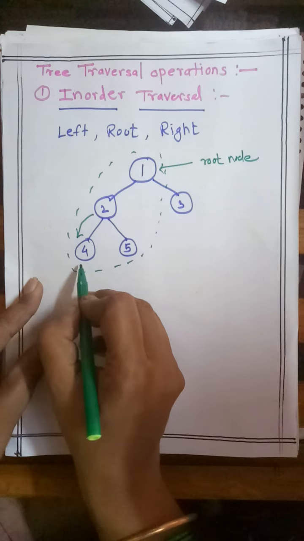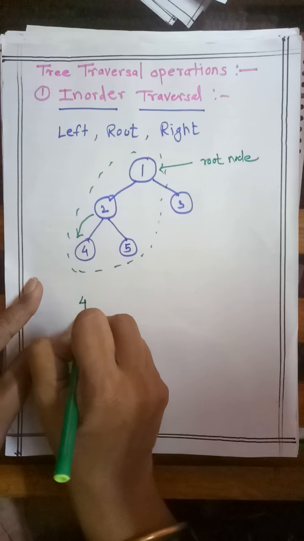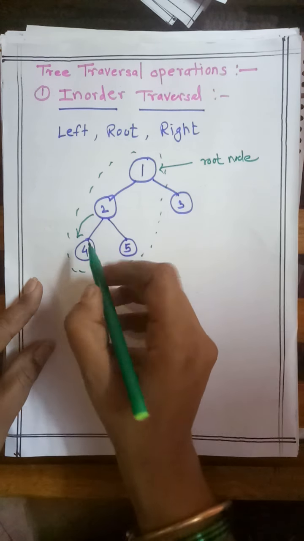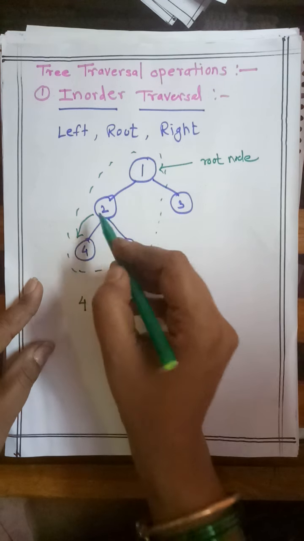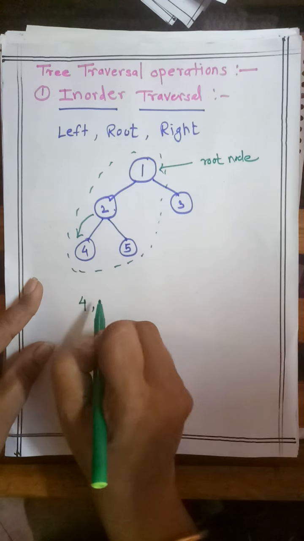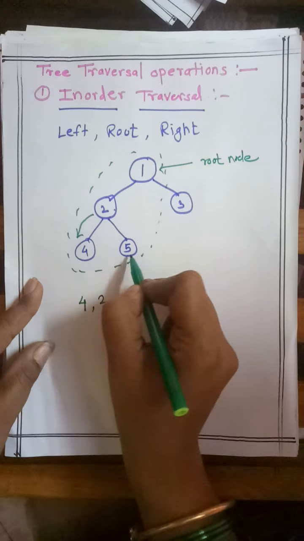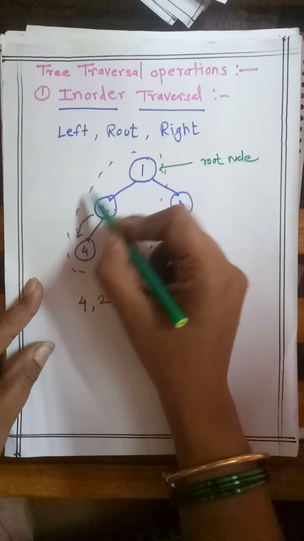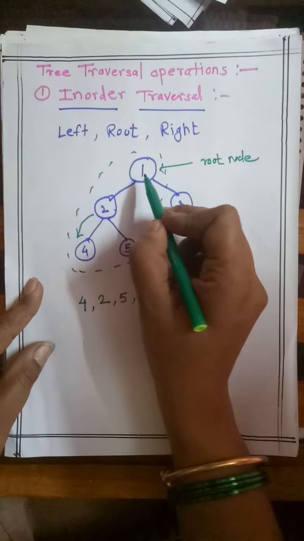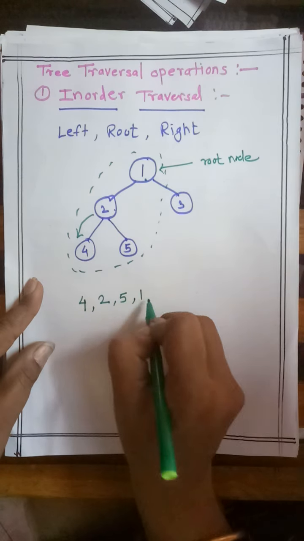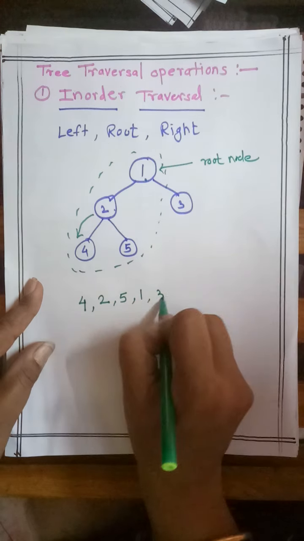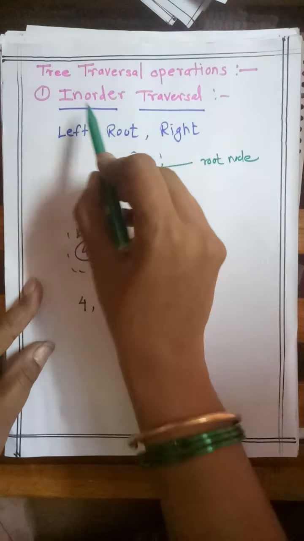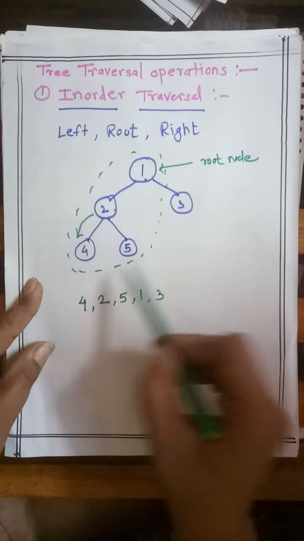So we can write the 4 here. Now again root, left, then root is the 2, then right 5. Then the left part is completed, then again root 1, right 3. So this is the in order traversal of this tree.